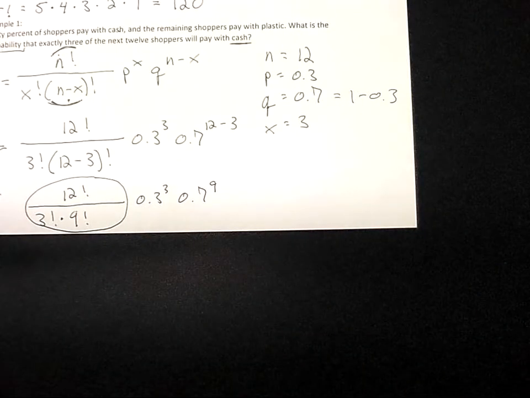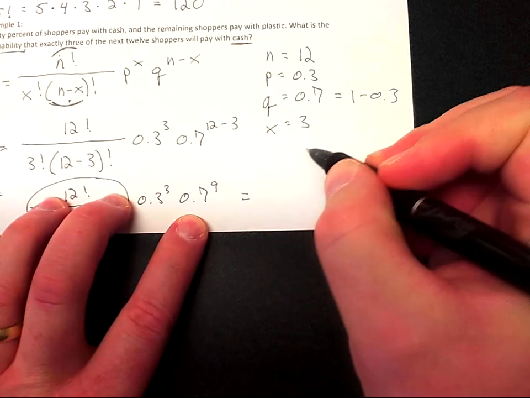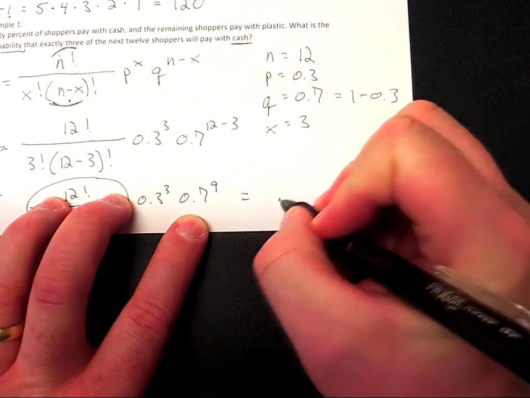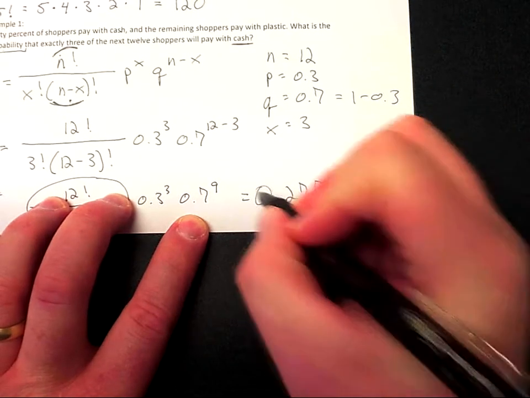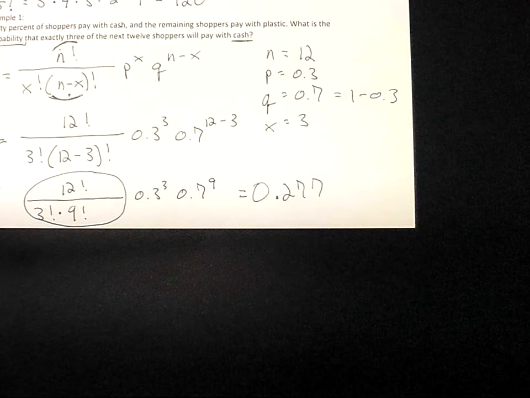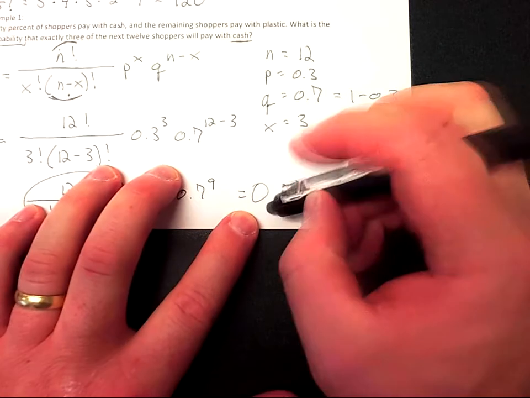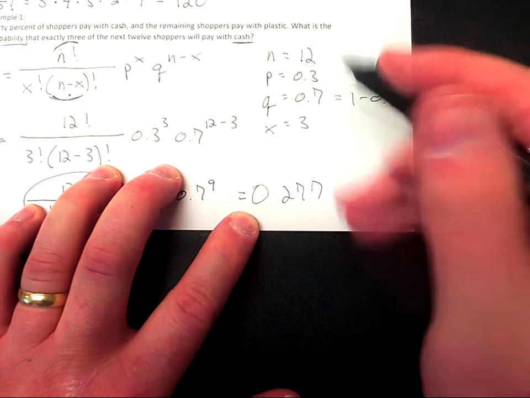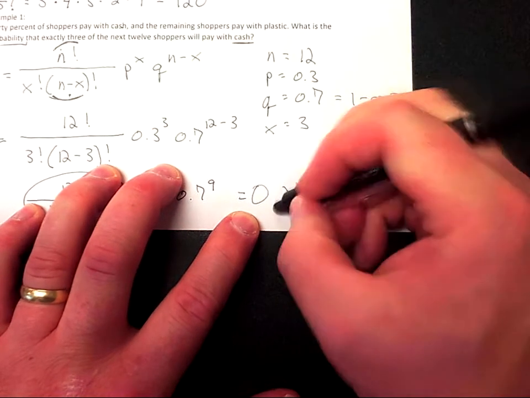All right. Did anybody calculate this out to see what these numbers come out to be? What is it? 0.277? Everybody good with 0.277? 0.0277?